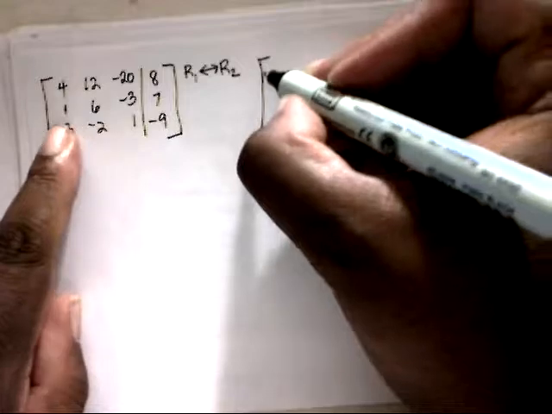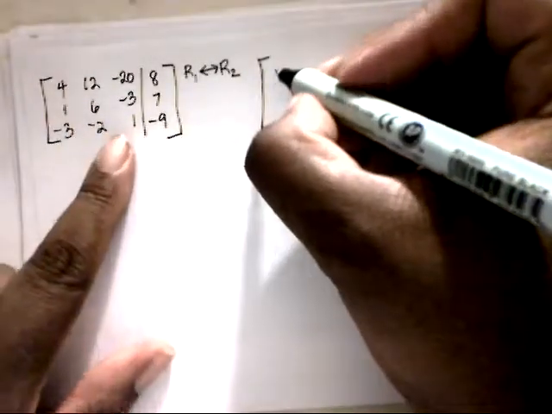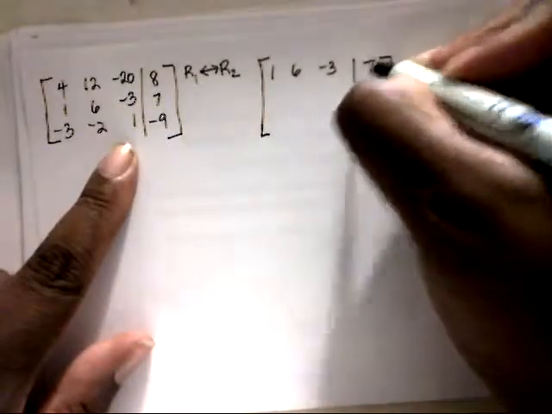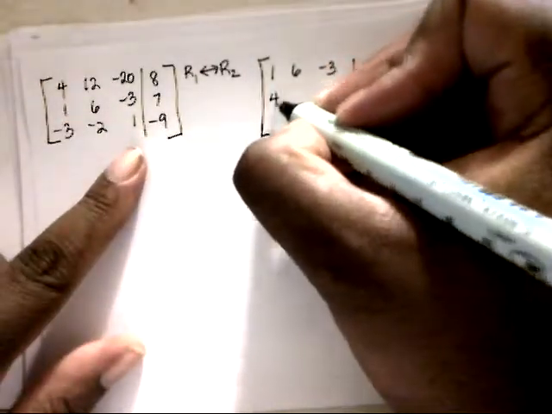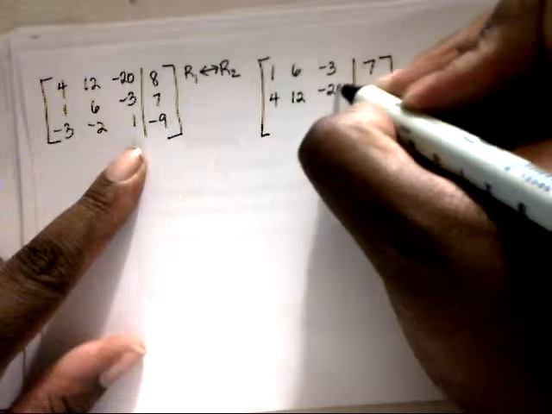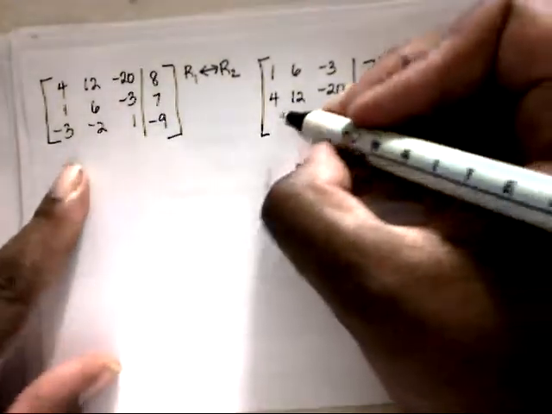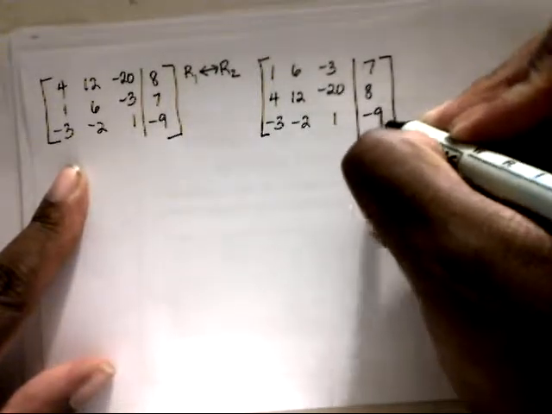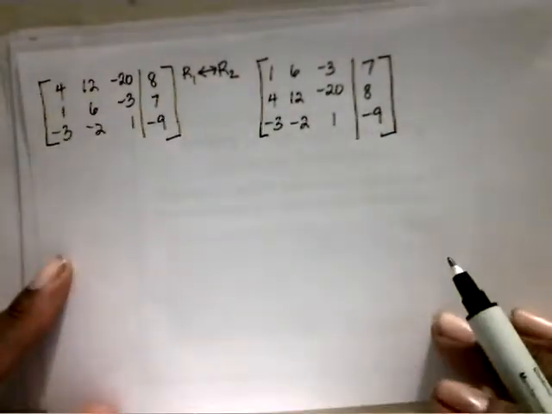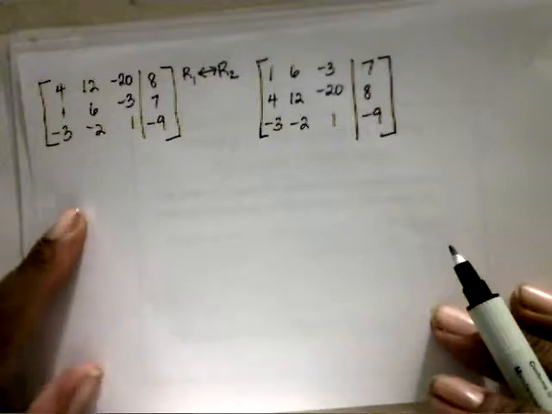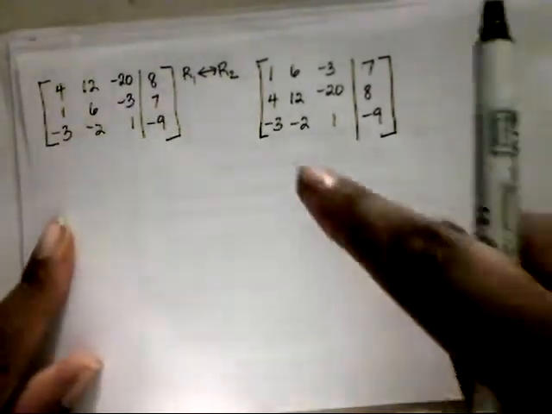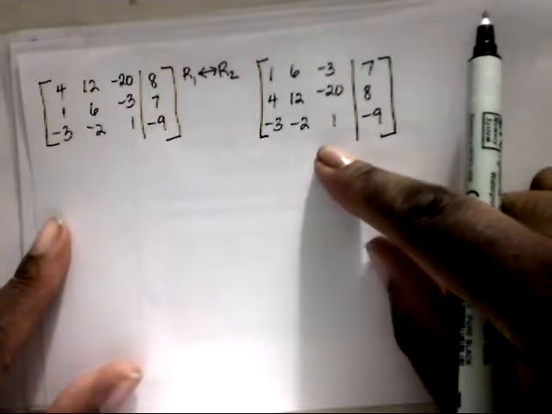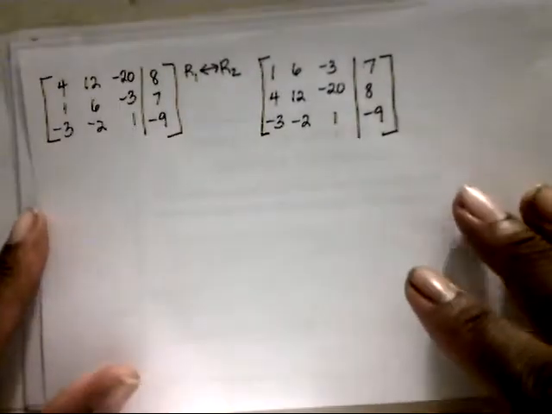So when I write this, the 1, 6, negative 3, 7 will be in the first row, and the 4, 12, negative 28 is the second row. And this is my third row. It stays the same. Okay, that's all there is to it. So here what I did was interchange these first two rows to come up with this new matrix right here. Okay, so that was part A.